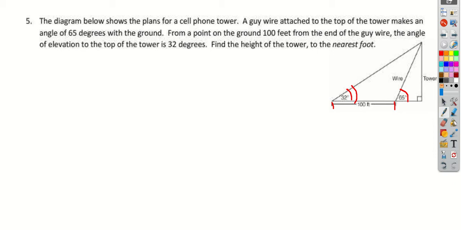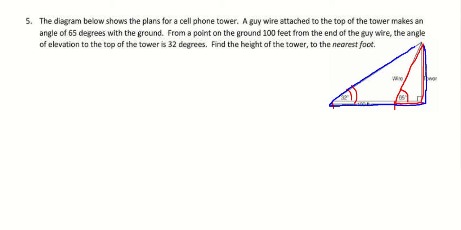Okay, so keep in mind, I want to use something to figure this out. Now this is part of two right triangles. So if I can figure out one side in my right triangle here, either one, I can figure out the height of the tower. Now I have 32 degrees, I have a 90-degree angle, but I don't have any other sides in the triangles.